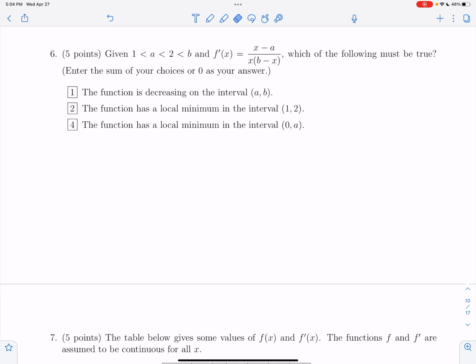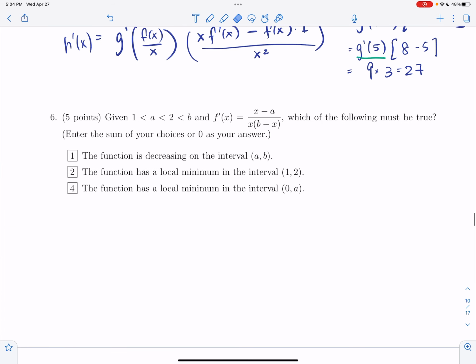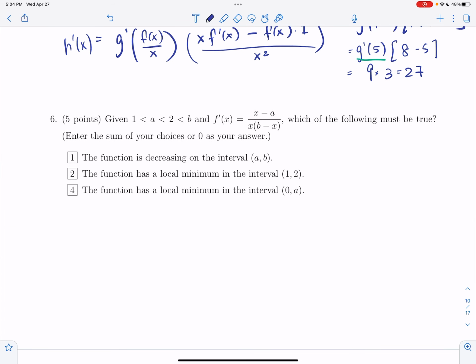So you look at this question and you ask yourself, what does this have to do with? What this has to do with is derivatives, increasing, decreasing, and critical points, local maxes and mins. Okay, so let's draw a number line like we do when we look at derivatives and increasing, decreasing.